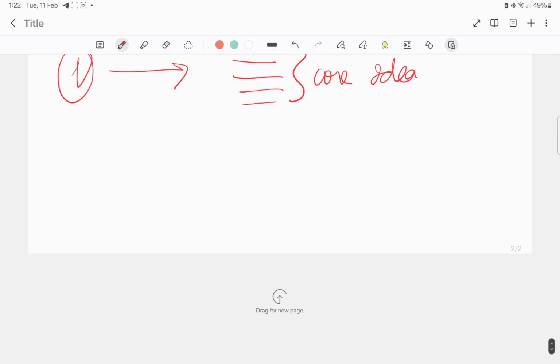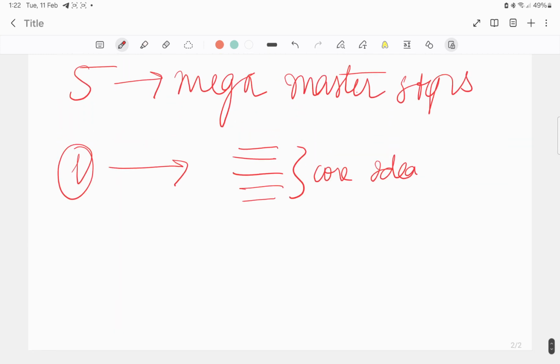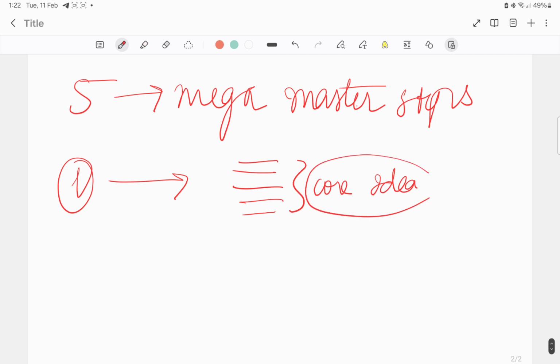Read the passage and summarize the core idea, your central idea, in one sentence. After that, step 2 is to check for hidden opposites in the answer choices.